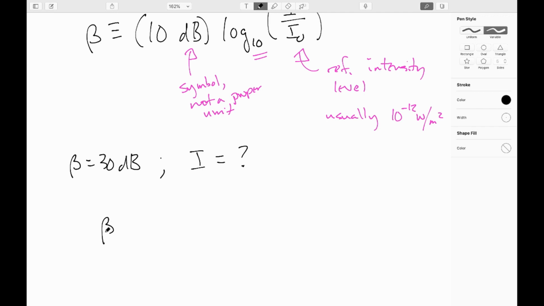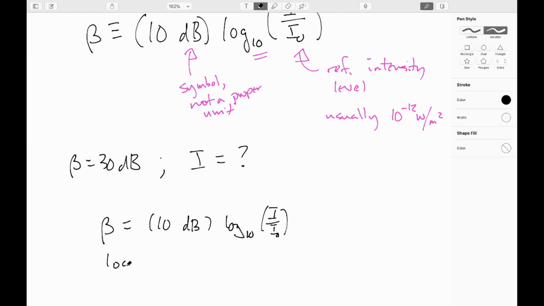So we have beta = 10 dB log base 10 of I over I naught. The problem is the intensity we want is stuck inside the log. So our strategy is going to be first to divide through by the 10 dB to at least get the log by itself, and then we'll have to take the anti-log of both sides to start peeling the I out.